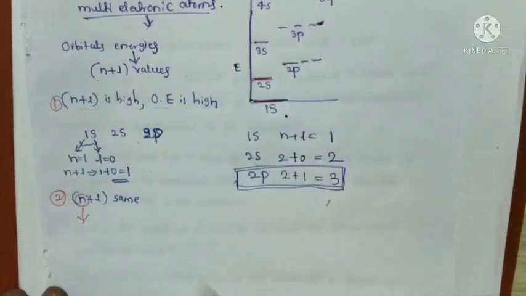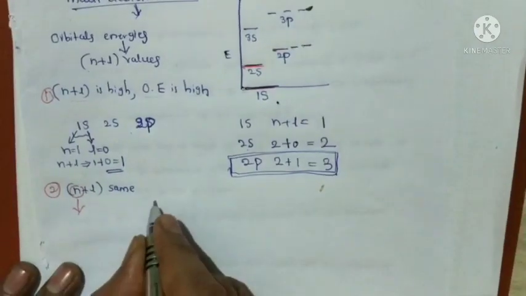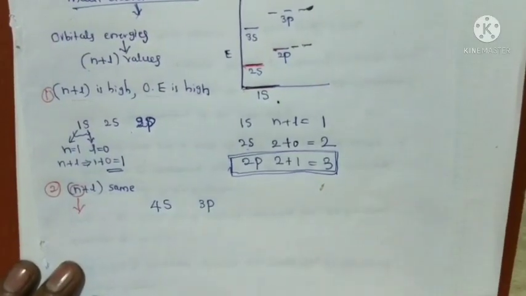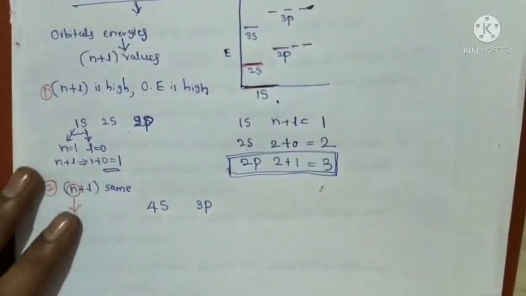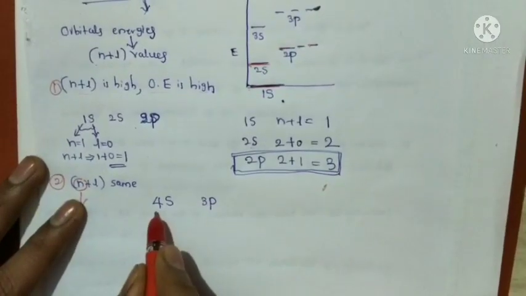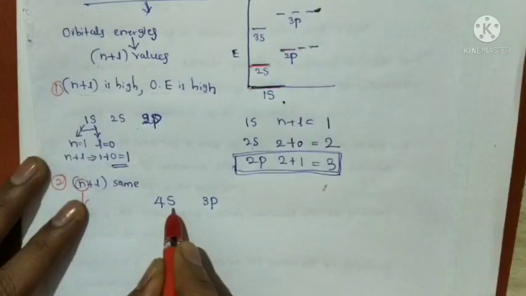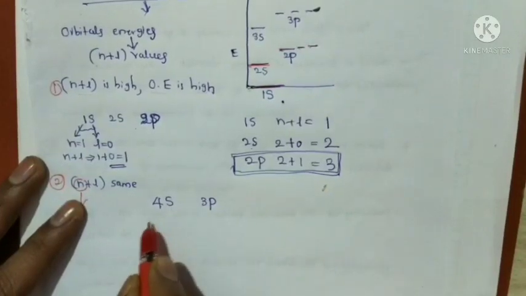For example, comparing the 4s and 3p orbitals. First of all, we find the n plus L value. We already know that here the n value is 4, and for an s orbital the L value is 0.